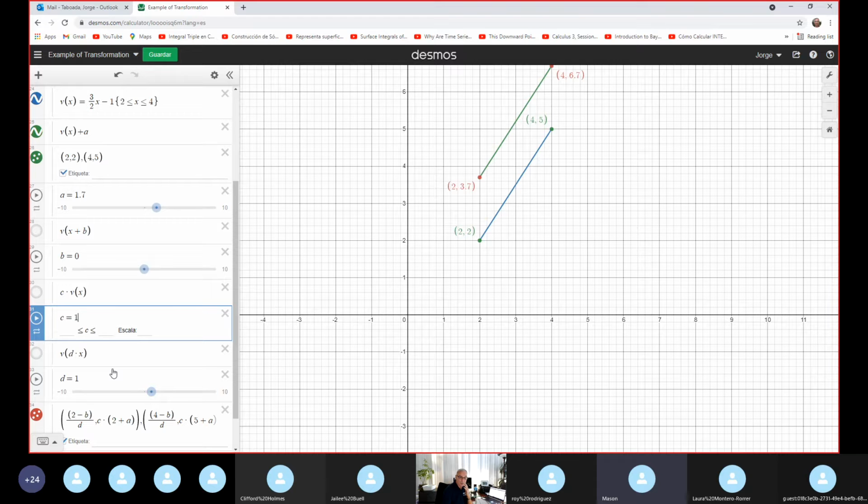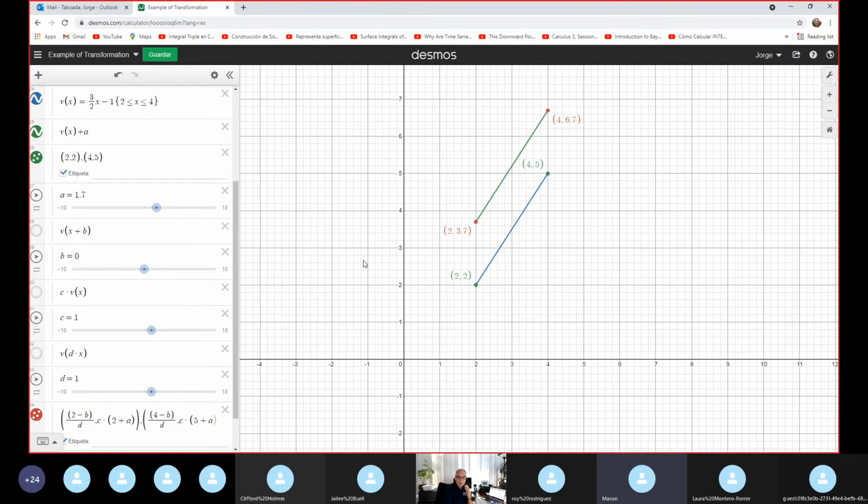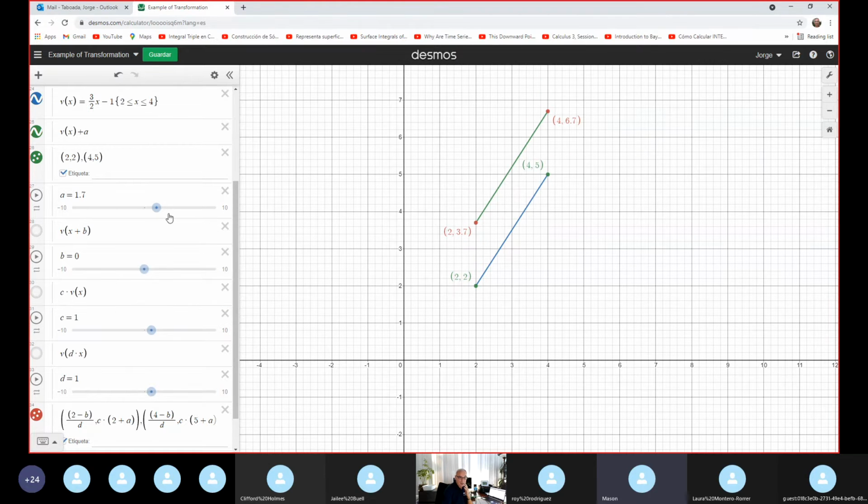So at this point, I want to emphasize the idea that the x component stays the same, however the y component changes according to the number that you are adding or subtracting. Clear? This is clear.